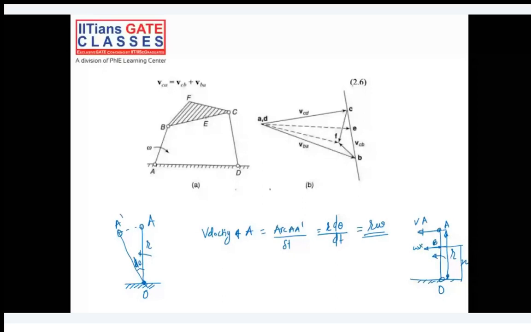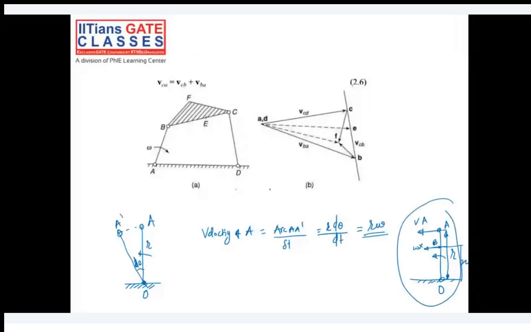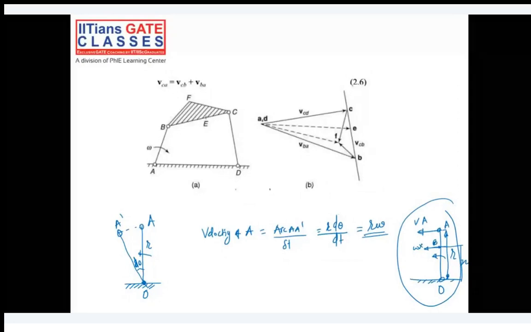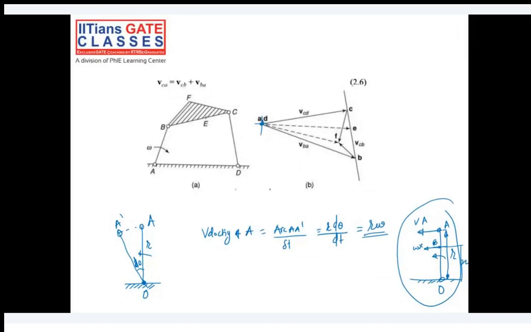The magnitude will be AB, the length, multiplied by omega. Let's call it VBA. You can clearly see these two are parallel to each other, and that's how this line has been drawn from point A to B.